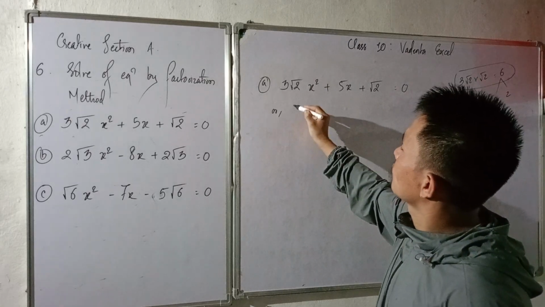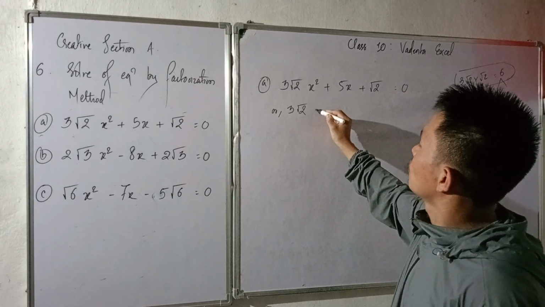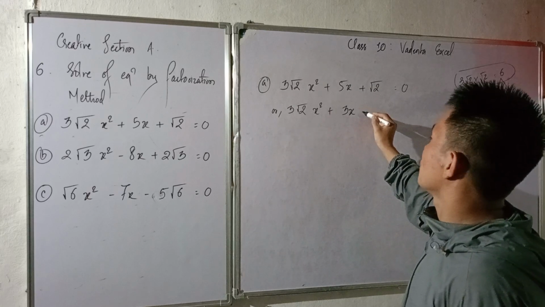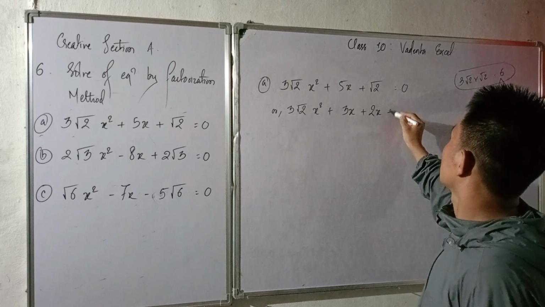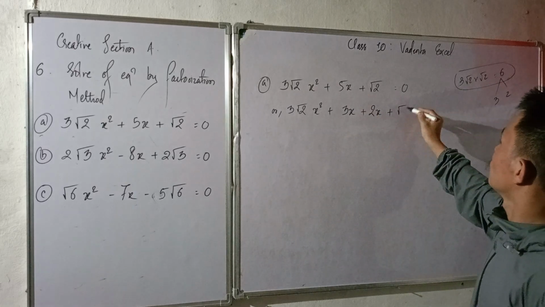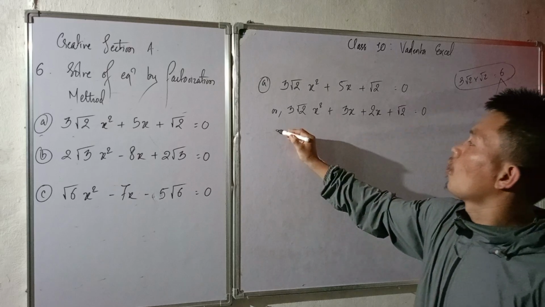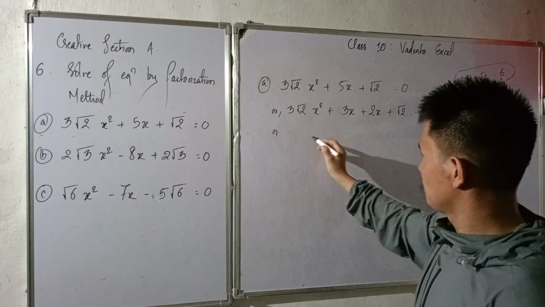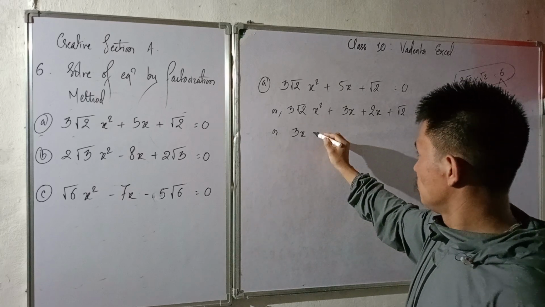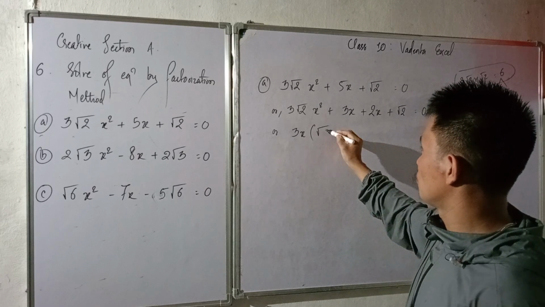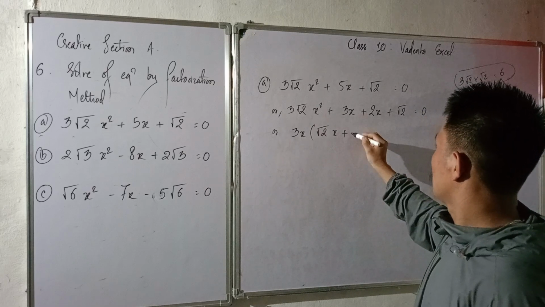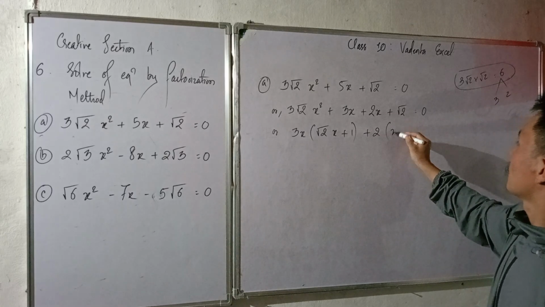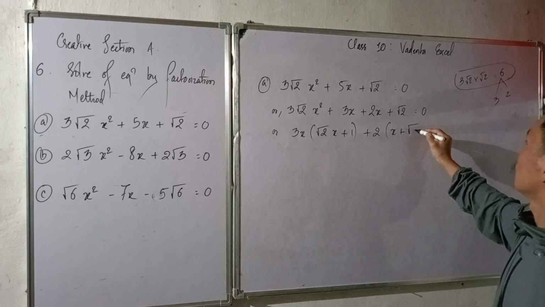Now you can write 3 root 2 x square plus 3x plus 2x, that sums up to 5x, plus root 2 equals 0. Now make a pair here. You can take 3x as common, and the remaining is root 2 x plus 1, and from here you will get 2x plus root 2.